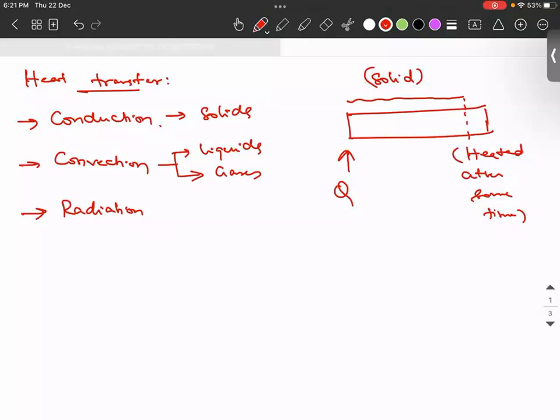I repeat it. If transfer of heat takes place from one end to another through a solid without the actual movement of particles from their mean position, it is called conduction.